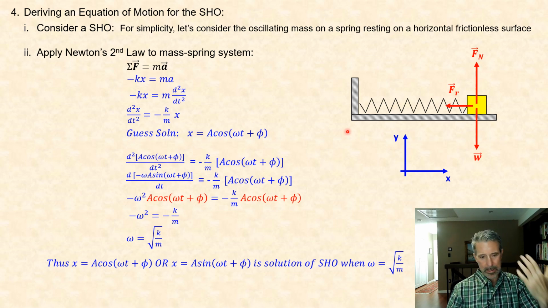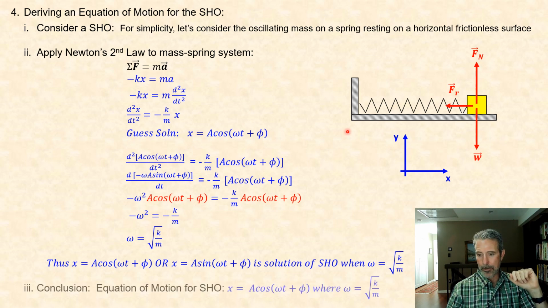So either a cosine or sine function of this form is a solution to the simple harmonic oscillator, when this arbitrary constant omega is equal to the square root of k over m. And remember that k and m are physical constants for our simple harmonic oscillator.